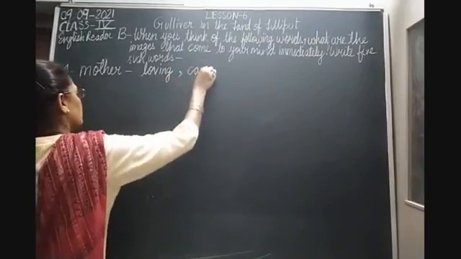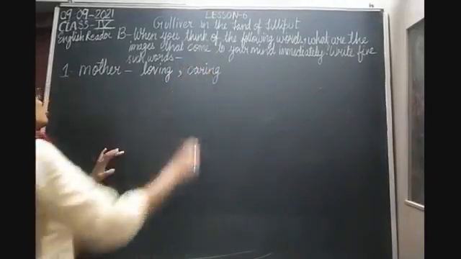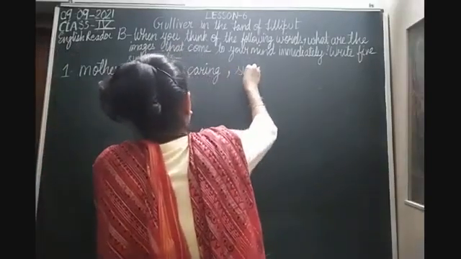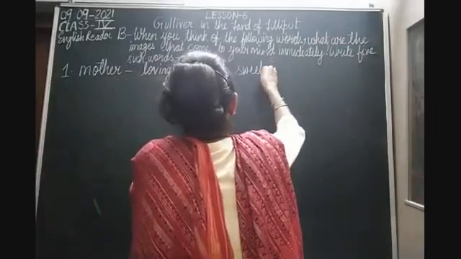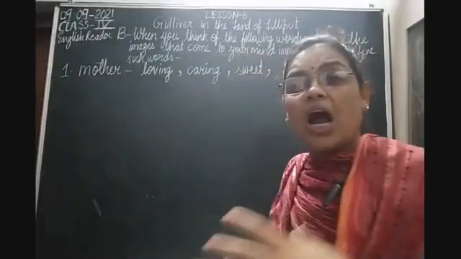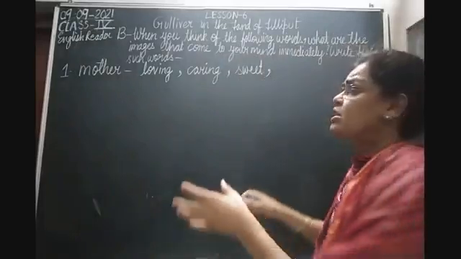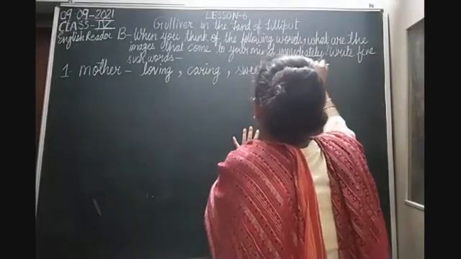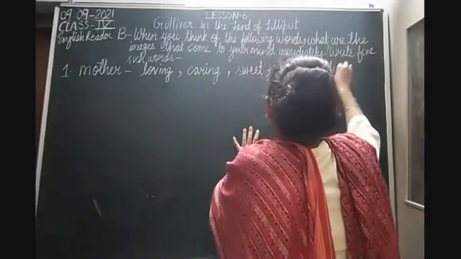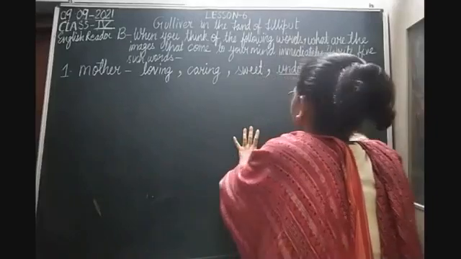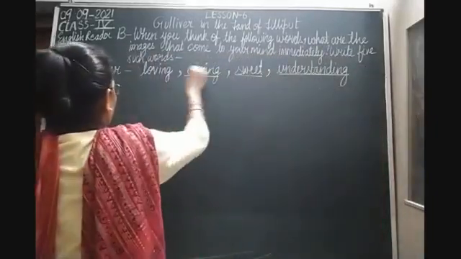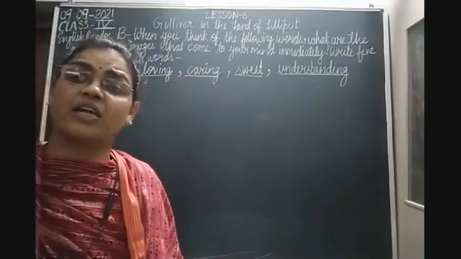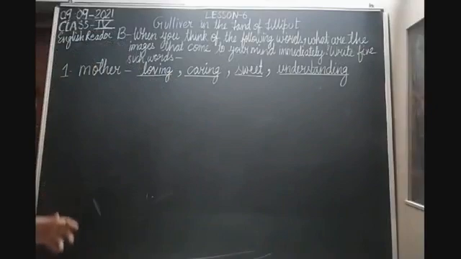Mother is the one who cares the most for her children. Then she is very sweet, isn't it? Everybody's mother is very sweet and very understanding. She understands us more than anybody else in the world. So the feelings and images that form in our mind on seeing mother are described here. In the same way, more words are given, and the feelings and pictures that come to our mind on hearing them, we have to write.